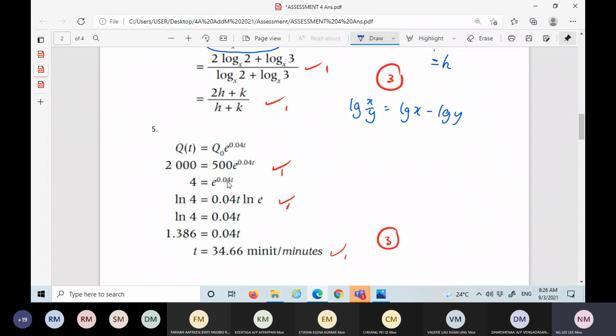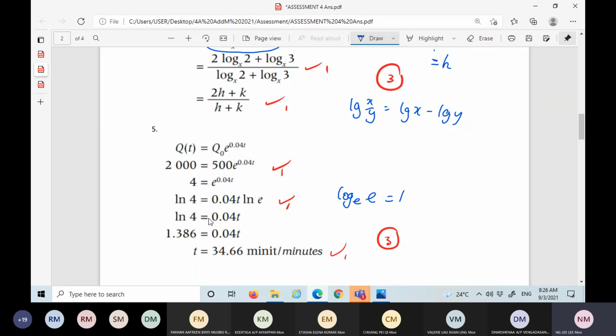Then the power here, 0.04t, can drag down so that ln e, which is log e, is 1, directly. Because ln you can straight away press in the calculator. So no doubt, don't go and think should I use ln or should I use log for this case, because this is an e exponent, so use ln. So log e becomes 1.